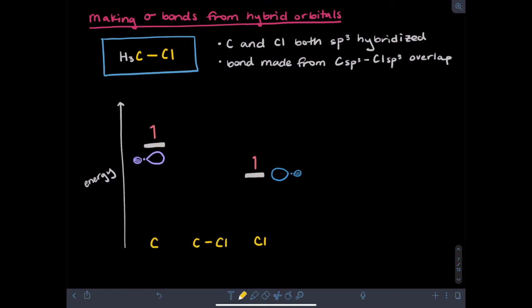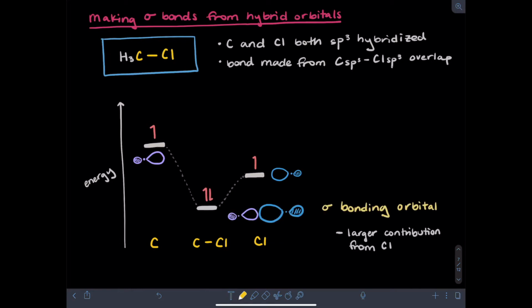So we're going to imagine starting out with one electron in carbon's hybrid orbital and another electron in chlorine's hybrid orbital. I'm putting chlorine's orbital lower in energy because it's more electronegative than carbon.